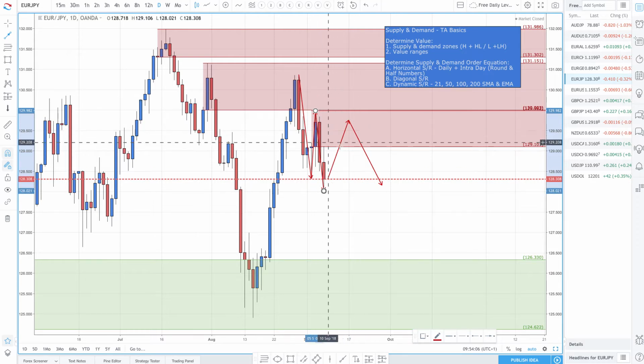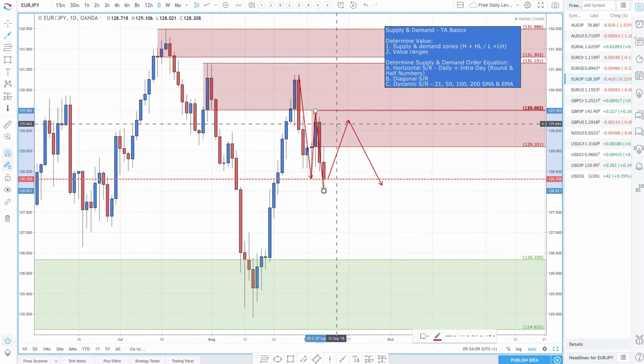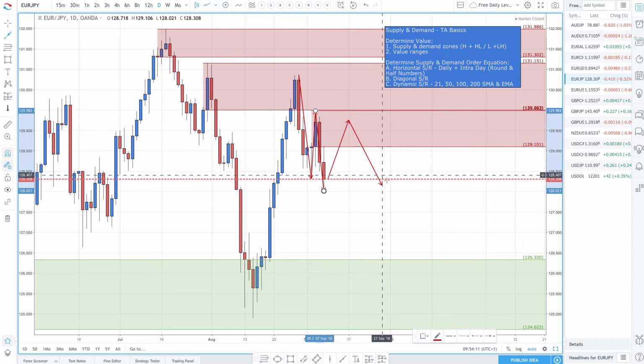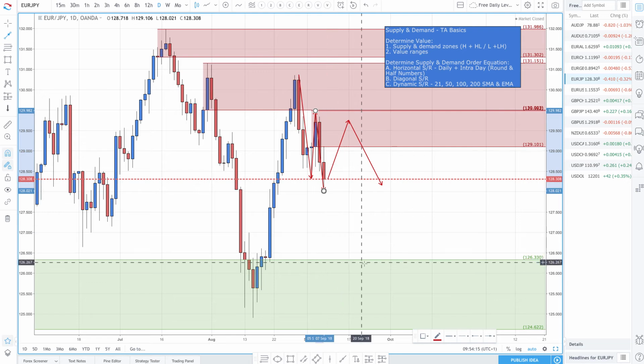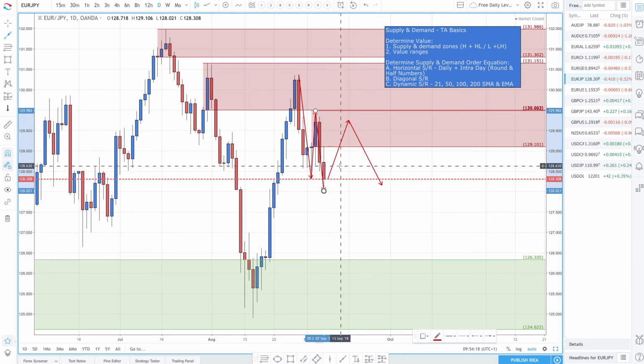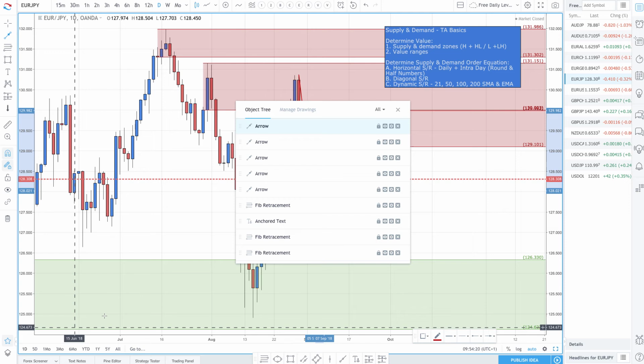So we know lower highs are areas where we want to potentially look to get short. If we're looking to get long, then what we would need is probably two scenarios to occur.